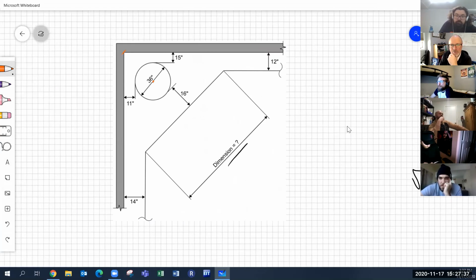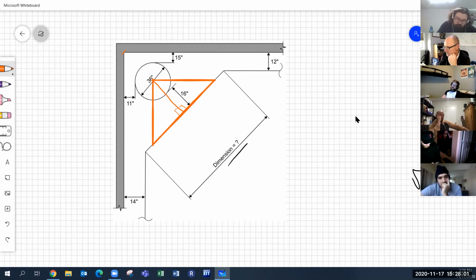We're going to draw a line parallel to the outside wall. This is not going to be pretty, trust me. And a line parallel to that outside wall, touching the pipe, and we make a big triangle. And now we cut that down the middle because this is two right angle 45-degree triangles. In this scenario, we know that the rise and the run are always the same in a right angle 45-degree triangle.